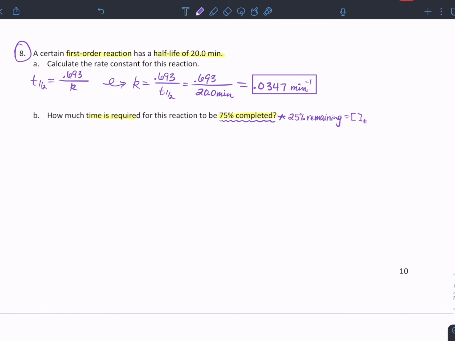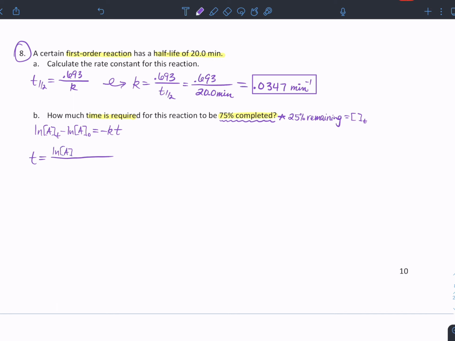Okay, so we're going to use the integrated rate law for first order reaction. ln of A at our time minus the ln of A initially equals negative KT.